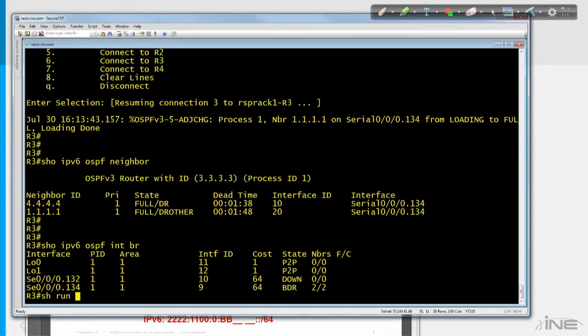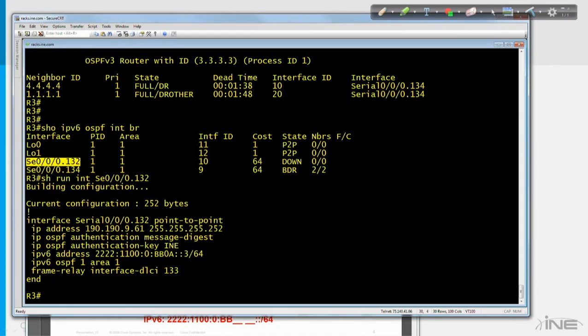Show run interface, and let's take a look at that interface, see if there's any IPv6 traffic filters or anything. No IPv6 traffic filters. But before we leave this router, there is a problem. It's not supposed to be DLCI 133. It's supposed to be DLCI 132.